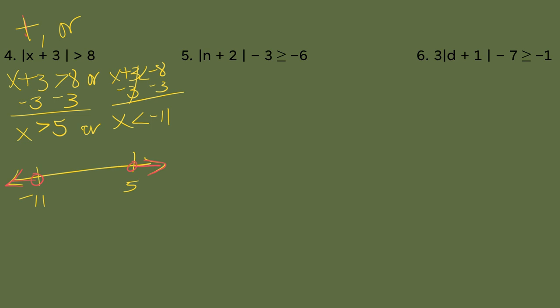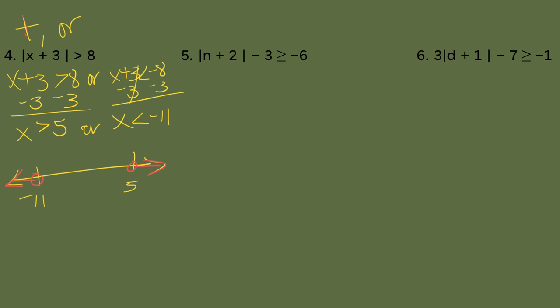Number 5. What is going on in number 5? Is my absolute value standing on its own? Who's with my absolute value? A negative 3, right?